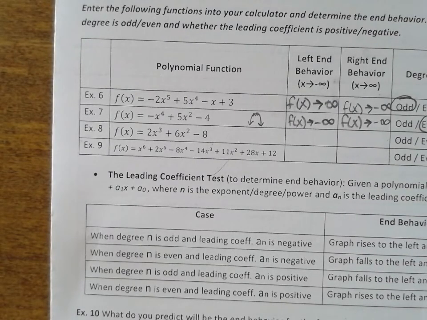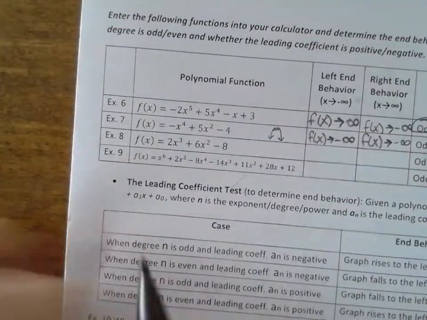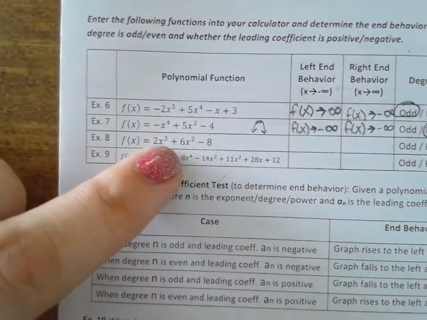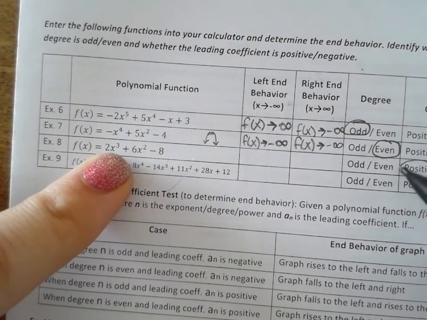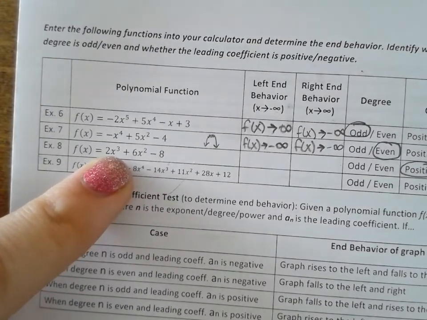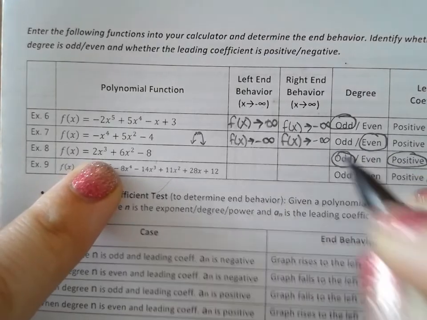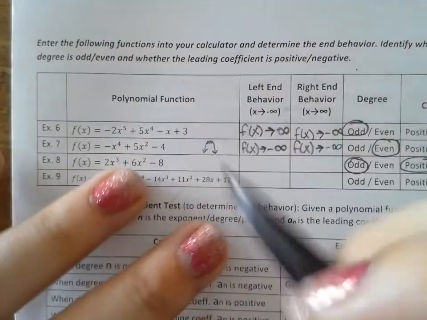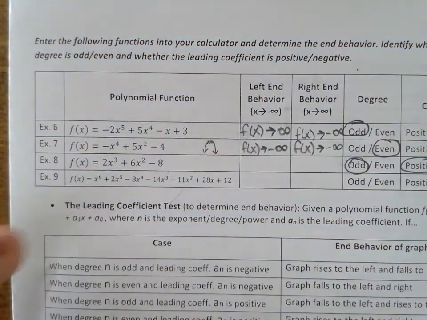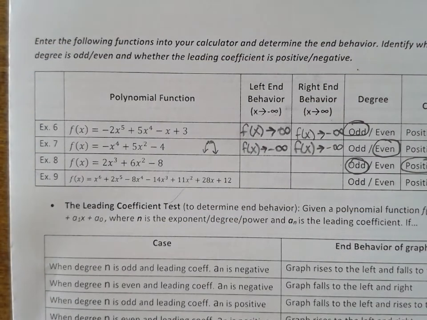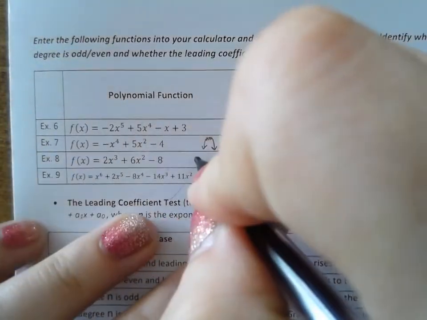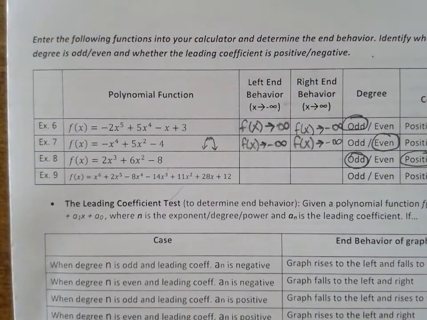Okay, let's do one more. My leading coefficient is positive, and my degree is odd. So positive leading coefficient, does that mean that the right side is going up or down? Up, because it's positive. So odd functions, what happens in an odd degree function?